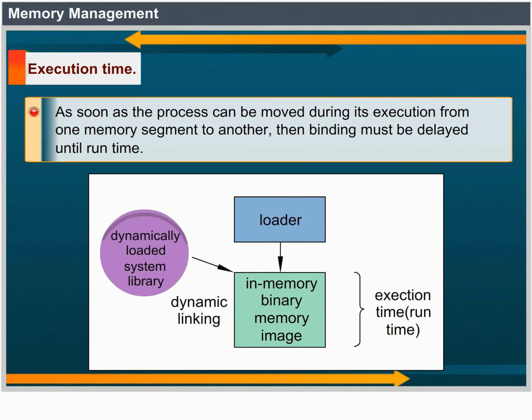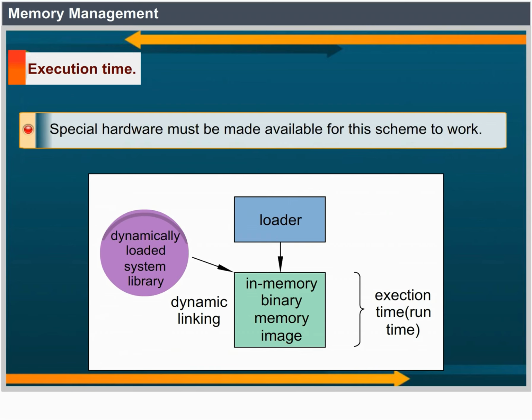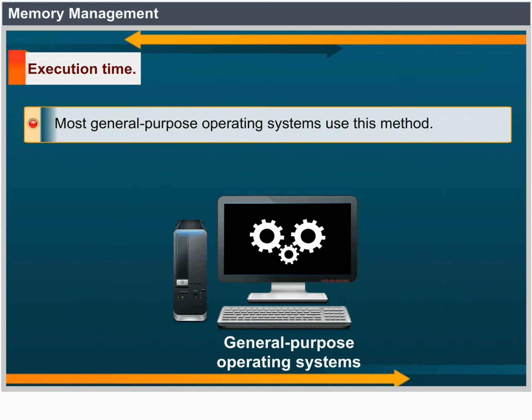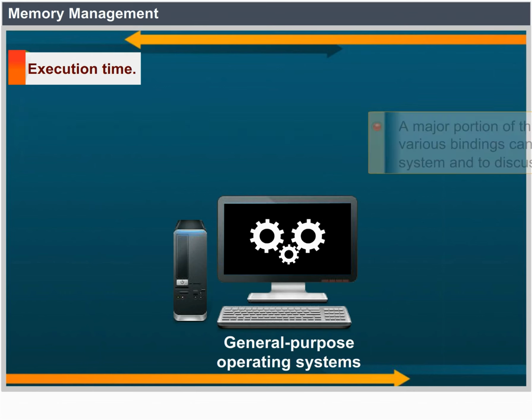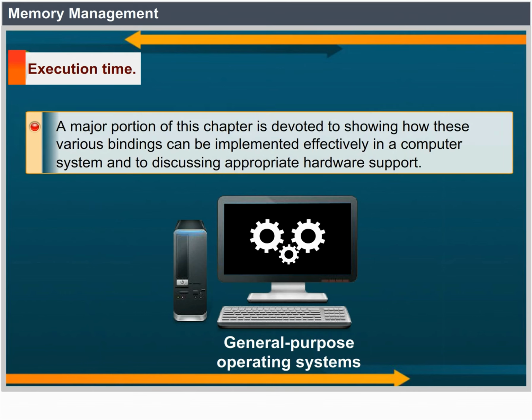If the process can be moved during its execution from one memory segment to another, then binding must be delayed until runtime. Special hardware must be available for this scheme to work. Most general-purpose operating systems use this method. A major portion of this chapter is devoted to showing how these various bindings can be implemented effectively in a computer system and to discussing appropriate hardware support.